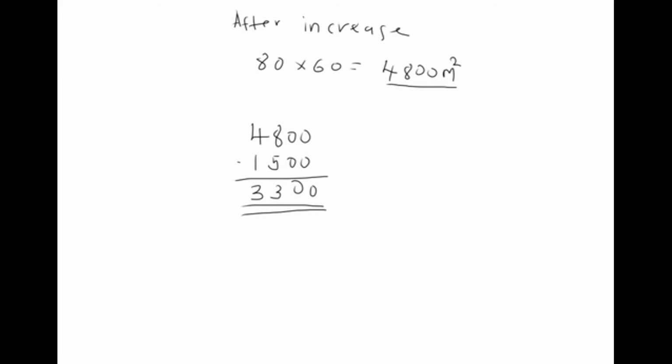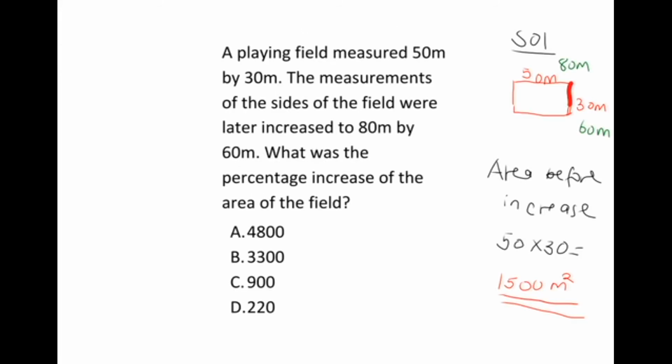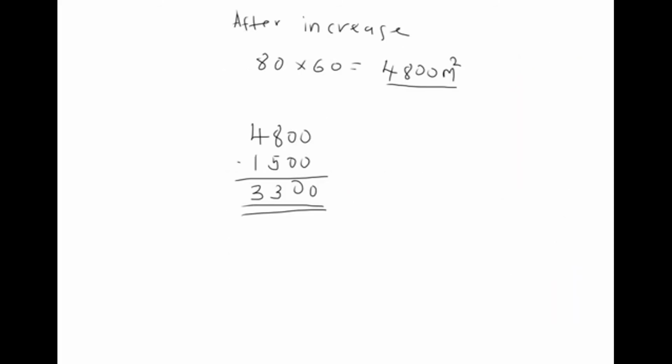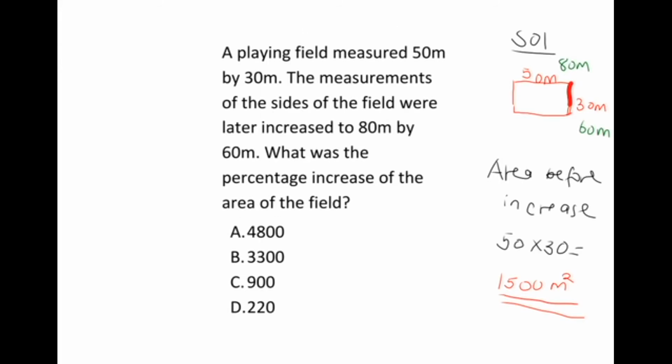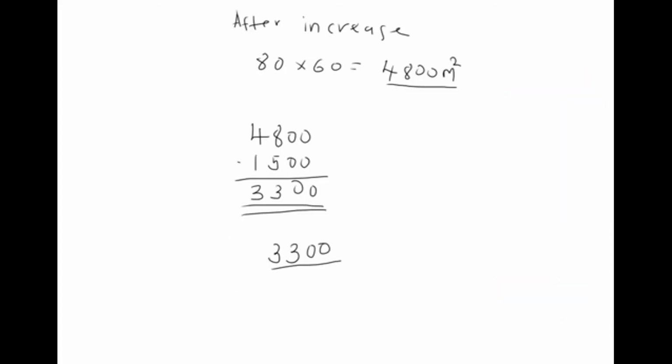But we are asked to give the percentage increase. Remember, our question asked us what was the percentage increase of the area of the field. So we convert this into percentage. So therefore we shall have the increase, which is 3,300 over 1,500. Then we multiply by 100%.